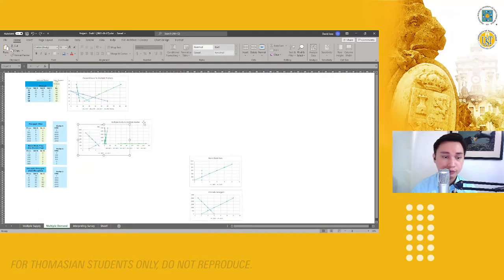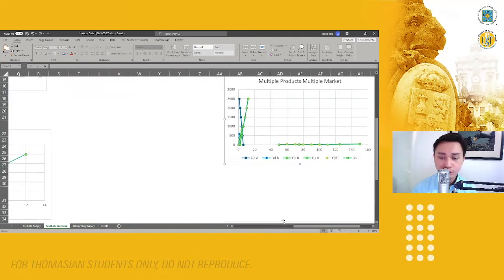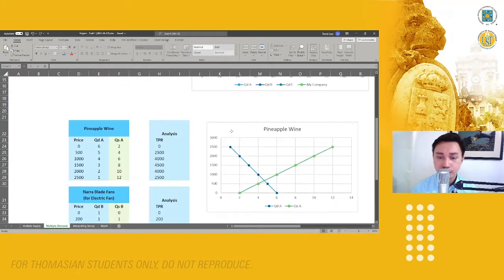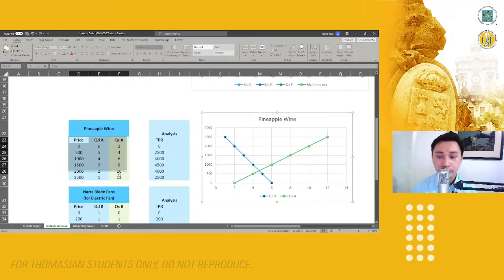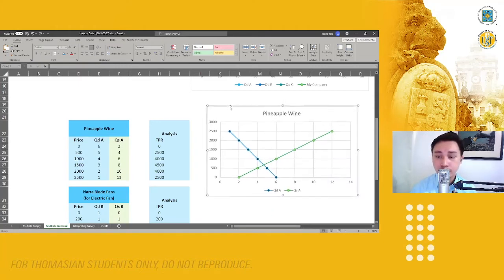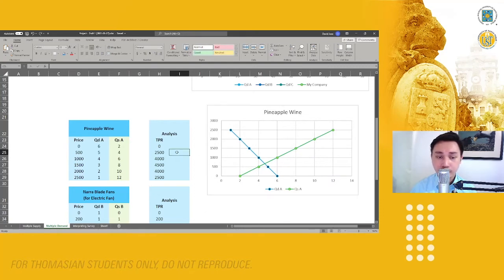Okay, pineapple. For the pineapple wine, if we graph it, we can see that there's an equilibrium. That is nice. Now you may want to analyze which one has the highest price, or the highest profit. We can use quantity demanded multiplied by the price.